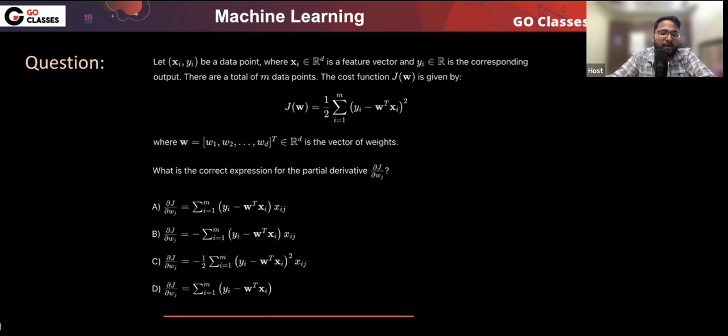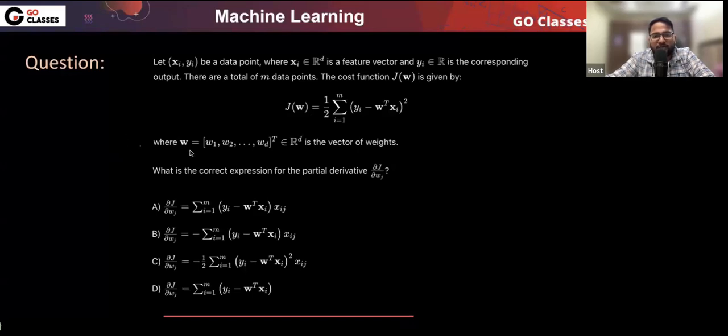I have augmented ones, and finally I'm saying this Xi is d-dimensional. Anyway, this is a popular loss function. What do we call it? Can anyone complete me? MSE, mean square error, right? I think it's not mean, but it's fine. They have just divided by 2, but don't worry about the constants.